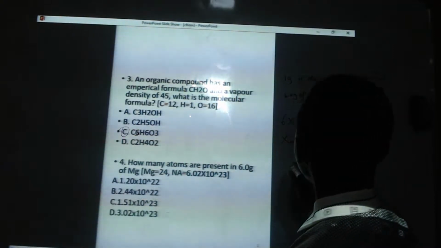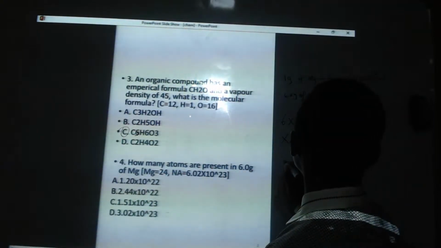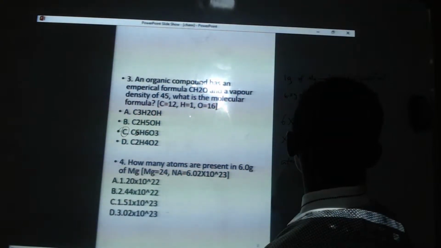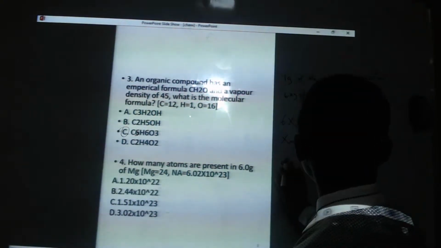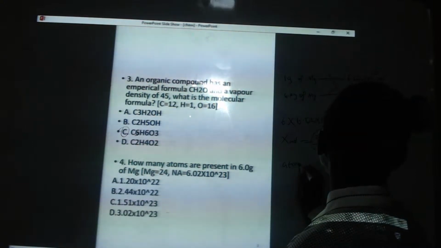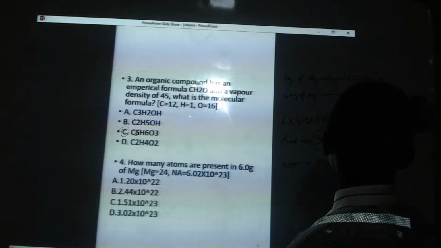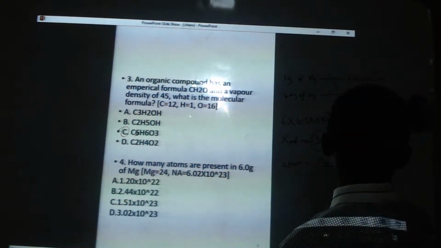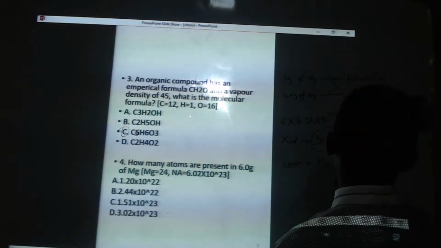Once you're being given this, in order to get your atom, you have to divide the number of particles over the molar mass.